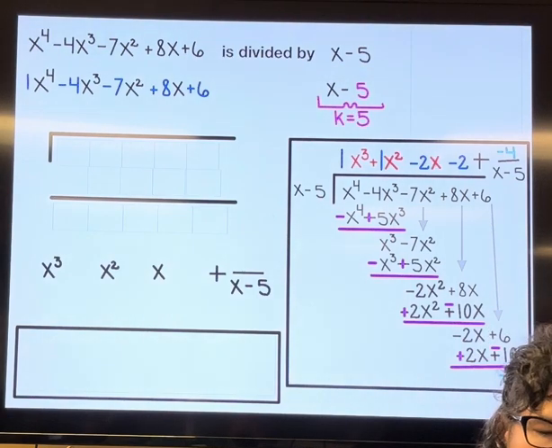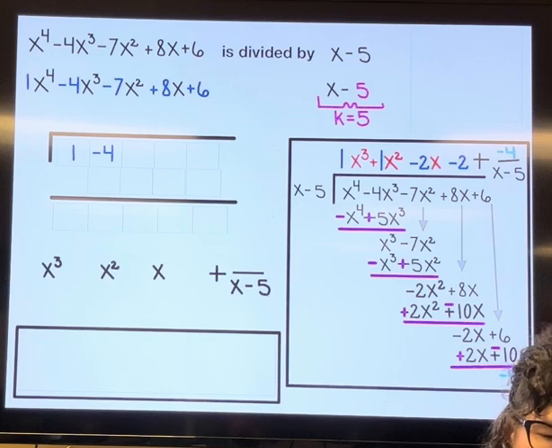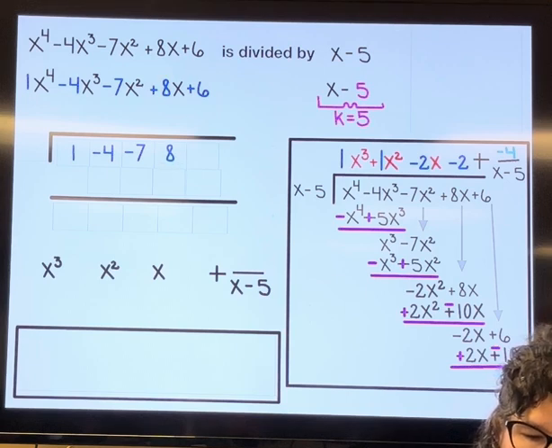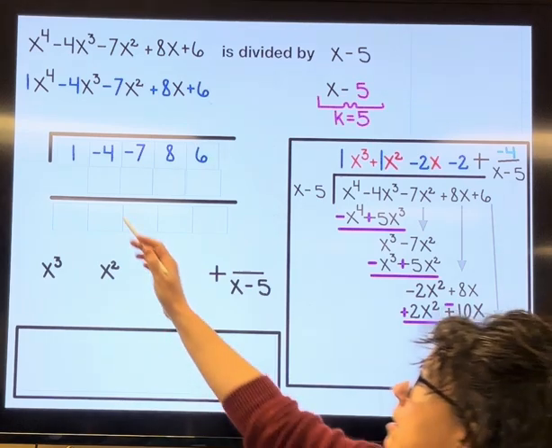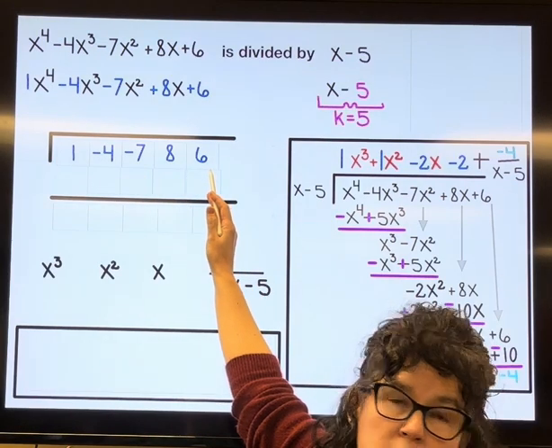So those numbers are going to go here, here, here, here. Okay, so there's my leading coefficients.